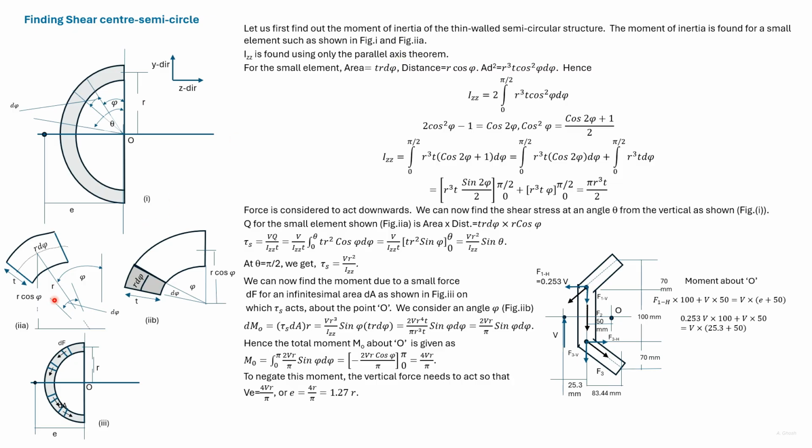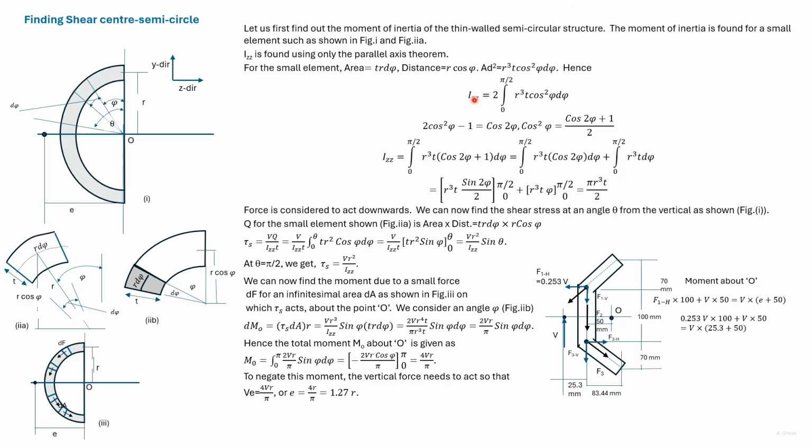The vertical distance of this element from the neutral axis is r cos phi. So using the parallel axis theorem, we get the moment of inertia of the element as A d squared. So this is A, and we square this and we get this expression.